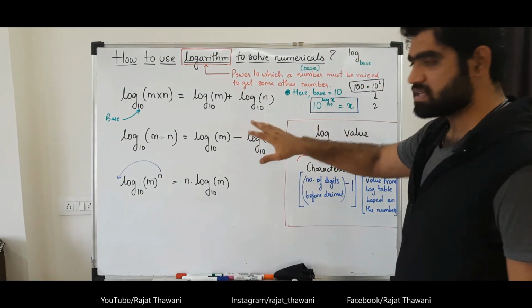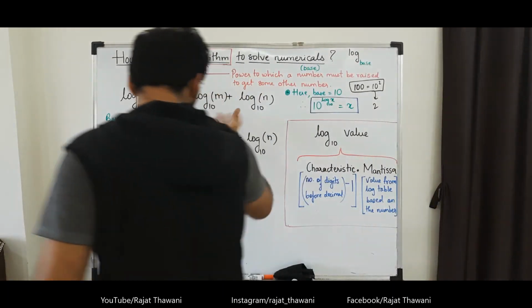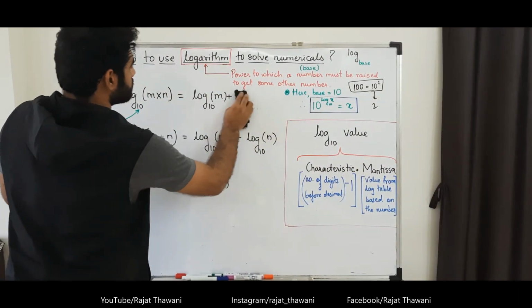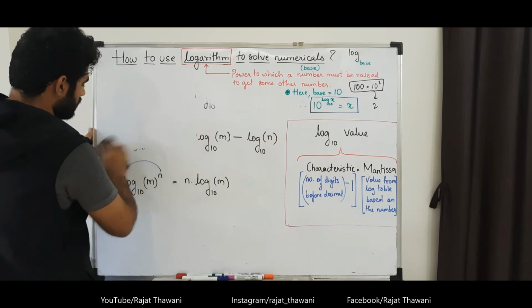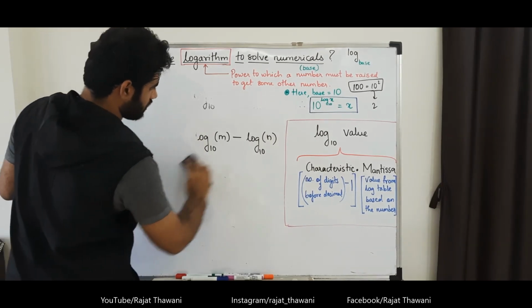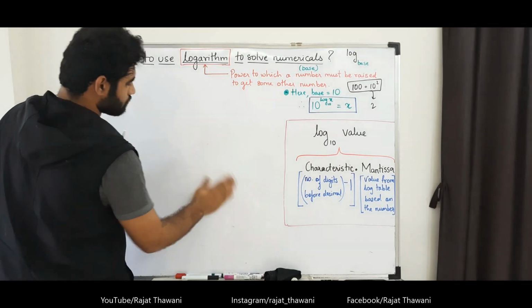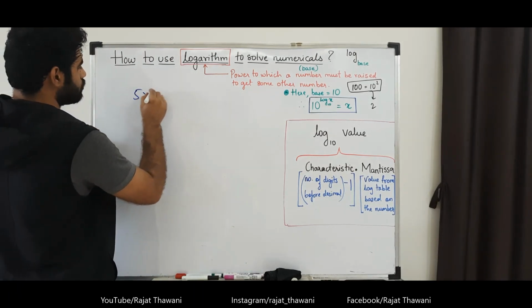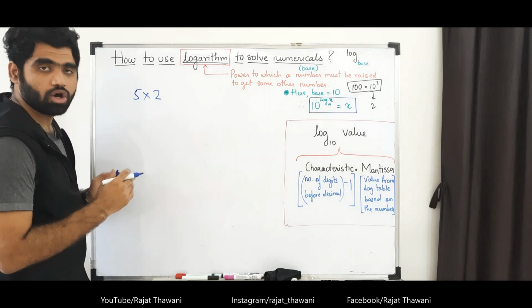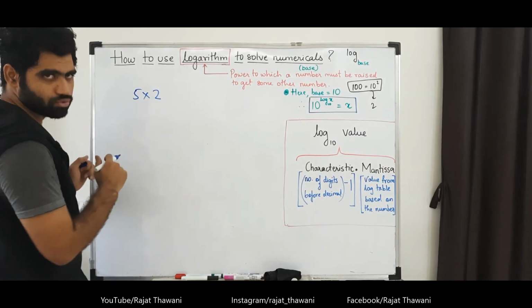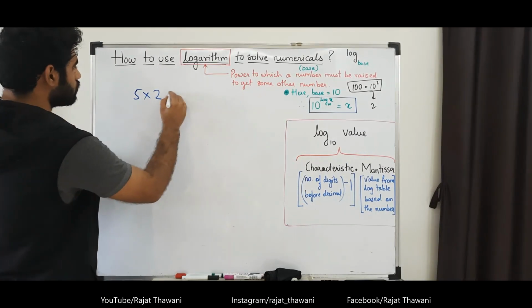Okay, so I'll erase this, we will see whether this is true or not. For instance, let's take smaller numbers, 5 into 2, but I need to check whether the log is correct or not for them. What is 5 into 2? 10.